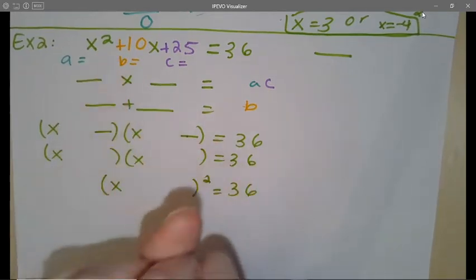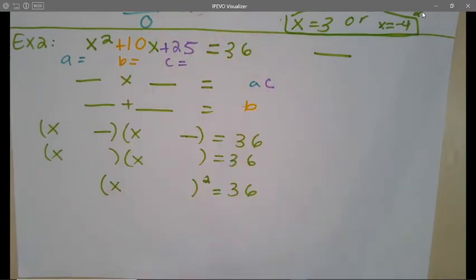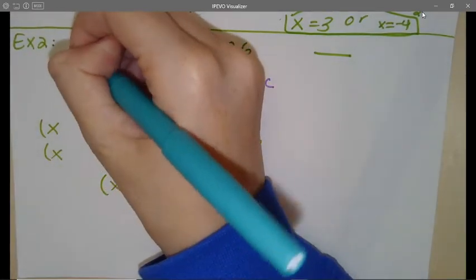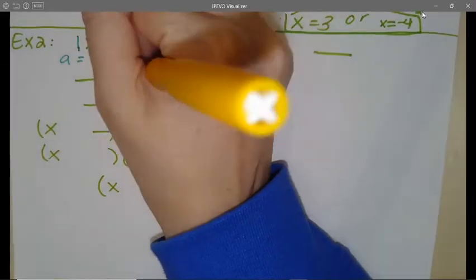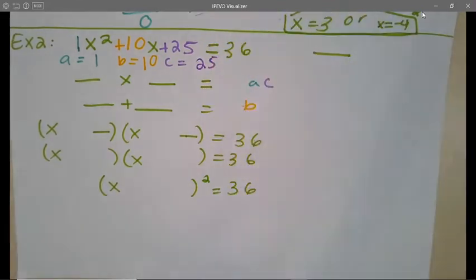So, since I have 3 terms in a quadratic, that means that I'm going to be solving using general factoring, which I teach to you by sliding and dividing. So my A term, I don't see one, which means there's secretly a 1 in front. So A is 1, B is going to be 10, and C is going to be 25.